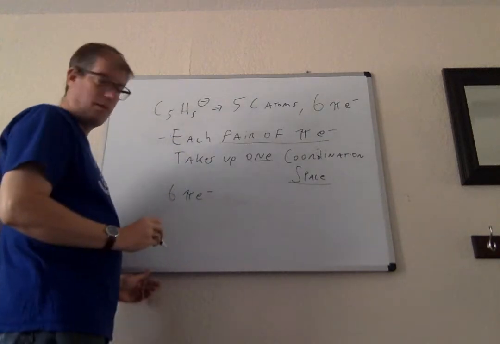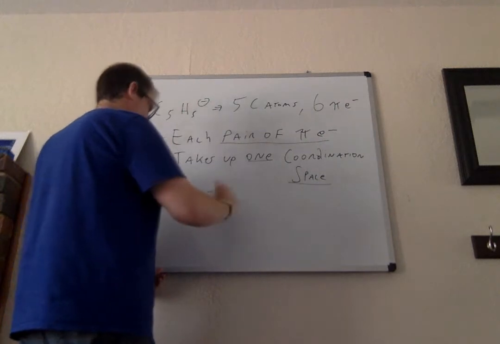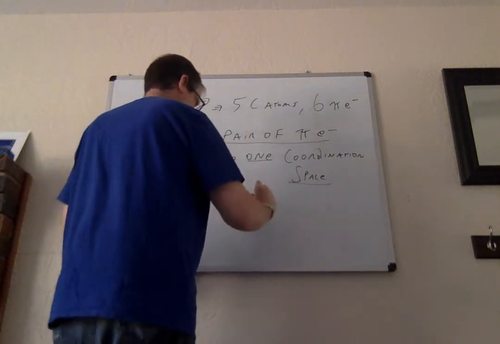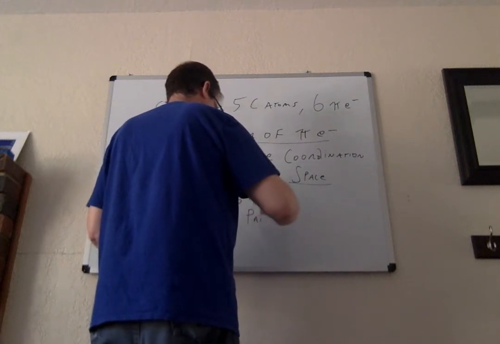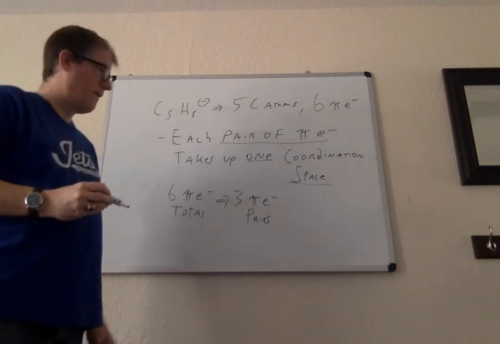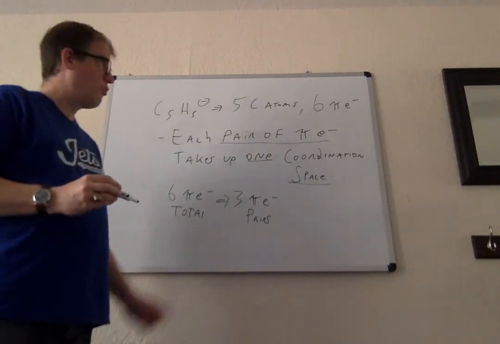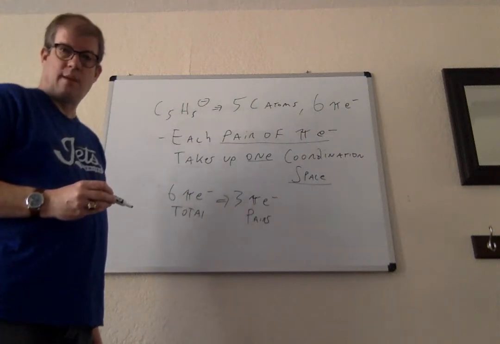We have 6 pi electrons total. Three pi electron pairs. That means that each one of these things is going to occupy 3 sites.